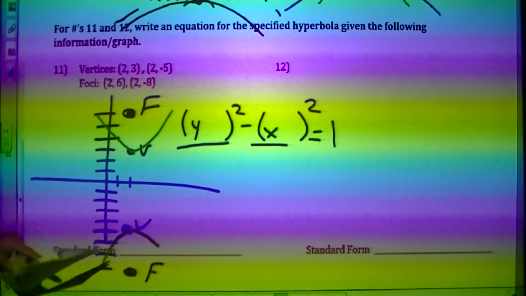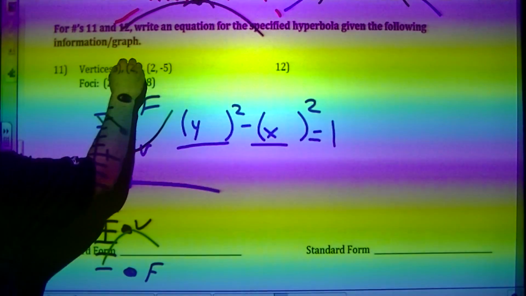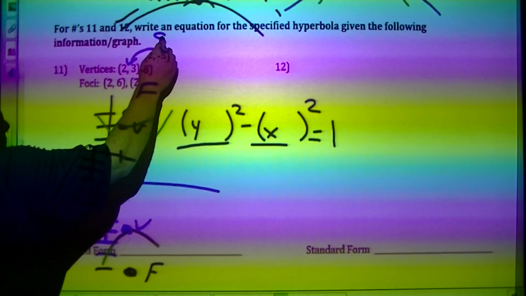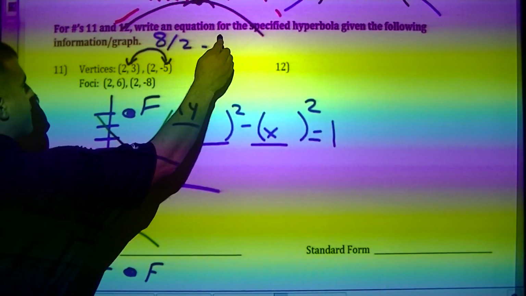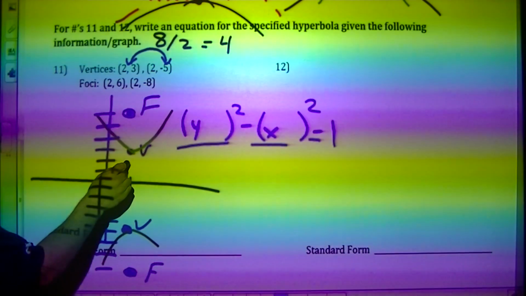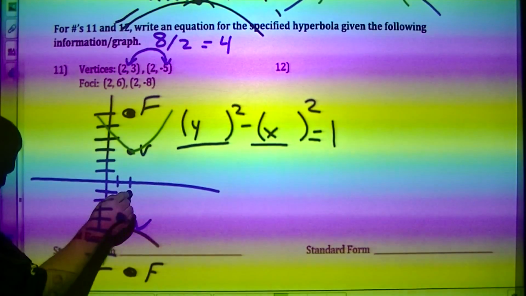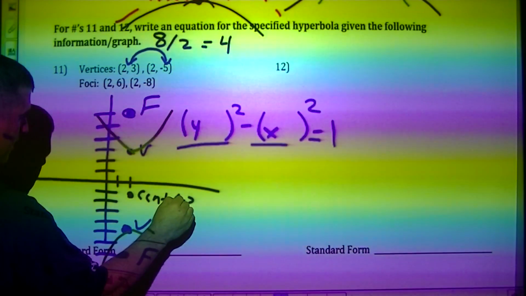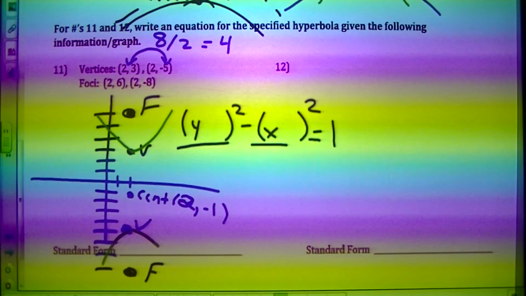I'm going to put the center in here. If the distance between those two is 8, then half of that would be 4 spaces. So I'm moving down 4 spaces: 1, 2, 3, and 4. So here's my center, which is 2, -1.